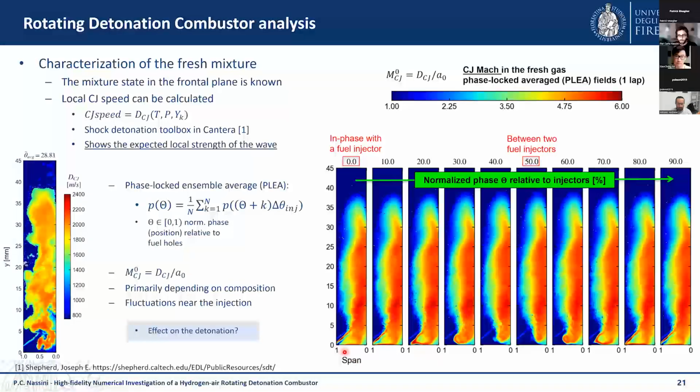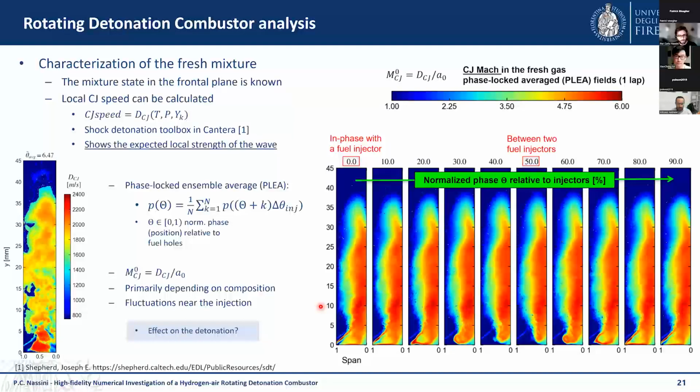However, we still would like to characterize the impact of this fluctuation of CJ speed on the real detonation wave, which is propagating inside the combustion chamber. So we want to know if this periodic variation is leading to periodic fluctuation of the detonation front inside the combustion chamber.